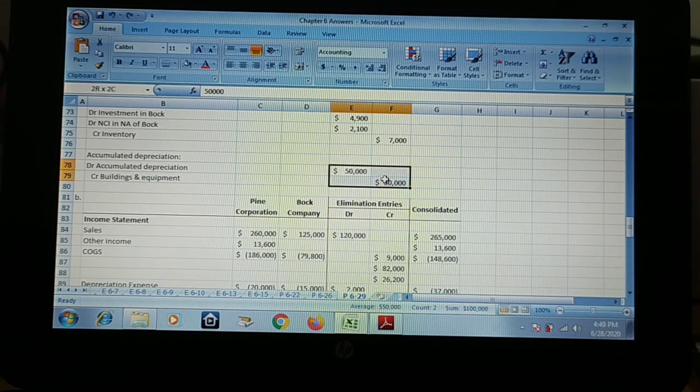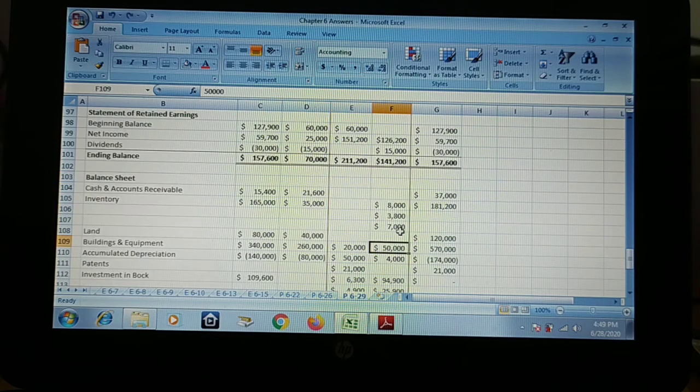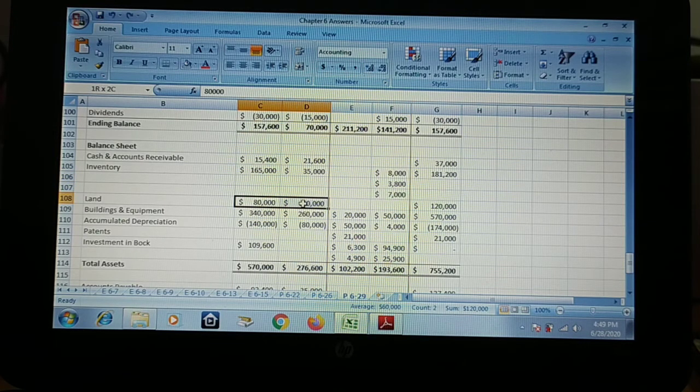Then the last is the accumulated depreciation. Okay, so just sum it. For inventory, you sum it and then you minus off the credit. Land, then buildings and equipment, you sum it and then plus debit minus credit. And then for accumulated depreciation, you plus this, and then you minus this, and then you plus the debit.